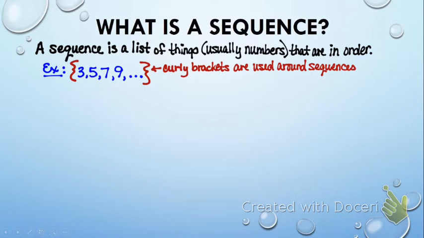We list the terms and we refer to them by number. So this one right here, this is my first term. This is my second term. Third term, fourth term, so on. What do you think the dots mean? Yep, it goes on forever. This is an example of an infinite sequence.